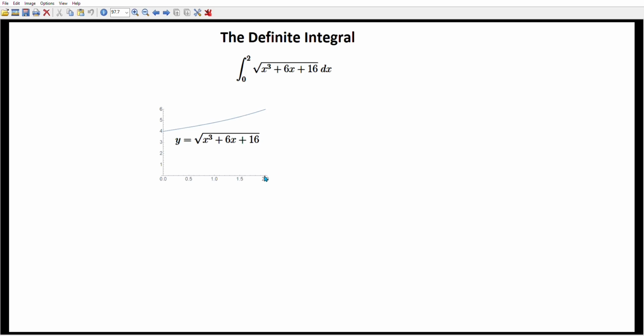If you plug that in, you've got 8 plus 12 plus 16, which is 36. Square root of 36 is 6. So this is the picture that we're looking at. We want this area. We know that the low point on the function over the interval is height 4. The high point is height 6.